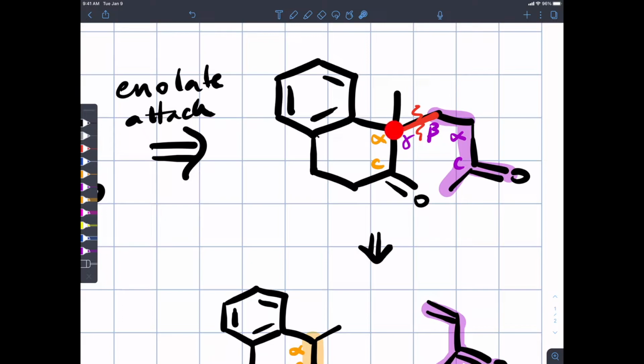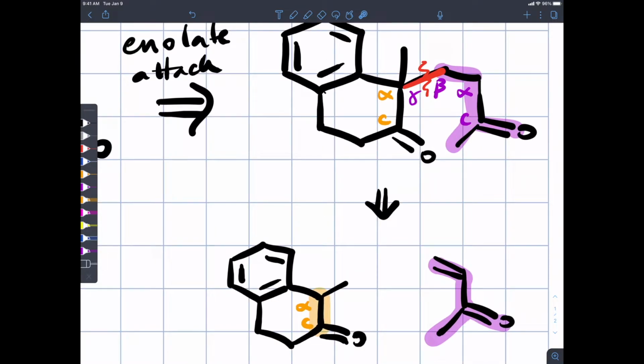Yeah, so the negative charge in the enolate will have been on this orange alpha and the purple gamma, and this is the reason we got the bond here, because this enolate attacked at the beta carbon. Do you see where the methyl group comes from?